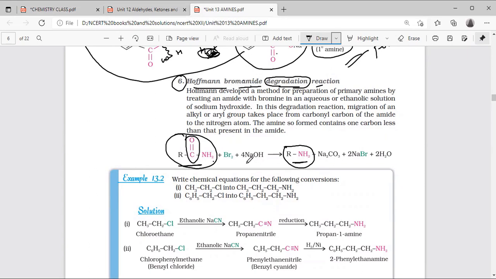Here, one carbon is decreasing. Bromine we are using in the presence of NaOH. The final conclusion is that we are simply preparing amine from amide. What is the reagent? Bromine in the presence of NaOH.